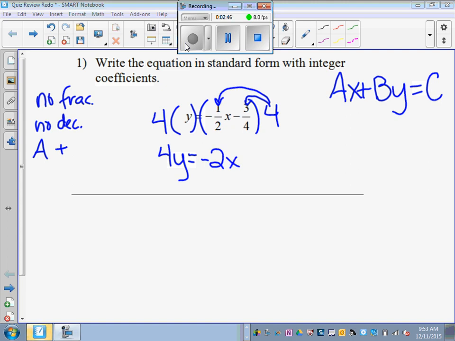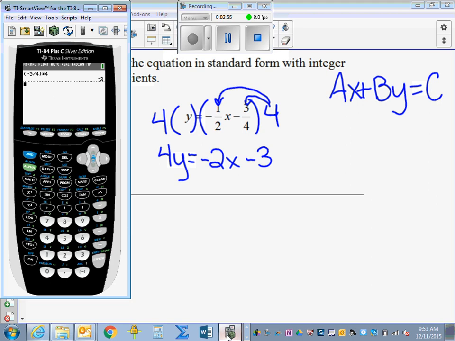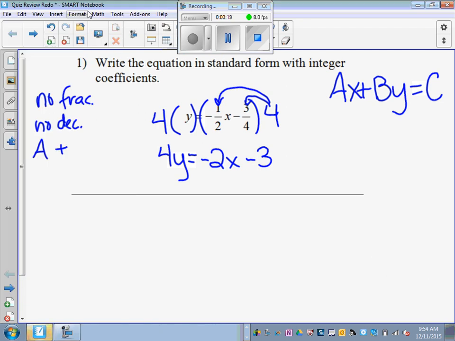And 4 times negative 3/4 is negative 3. Now, if you do this in your calculator, you have to put parentheses around your fractions. So 4 times, parentheses, negative 1/2, close your parentheses, is negative 2. Same with negative 3/4: parentheses, negative 3 divided by 4, close your parentheses, times 4. Make sure you put parentheses around your fractions.